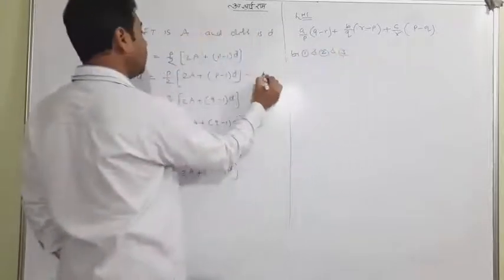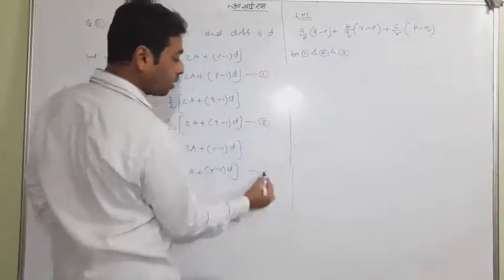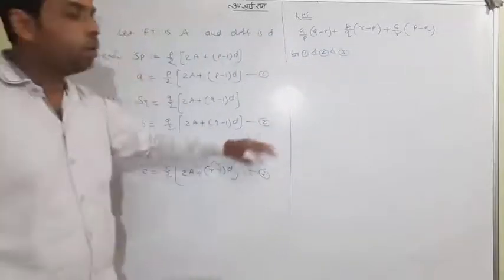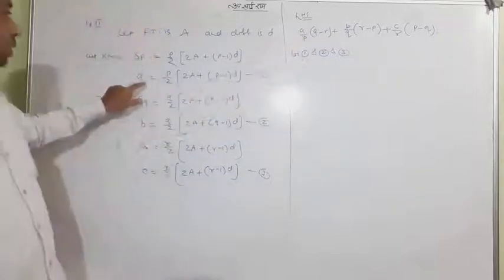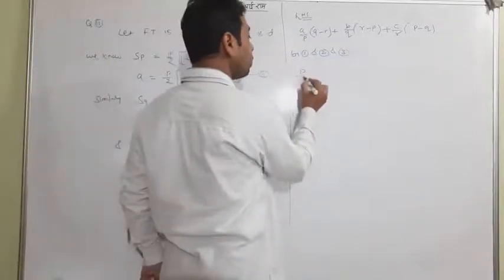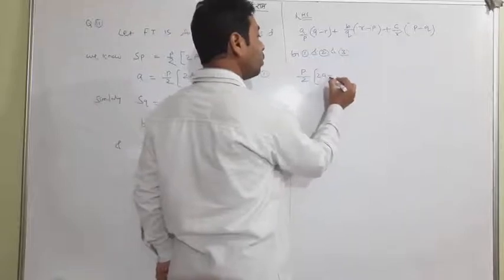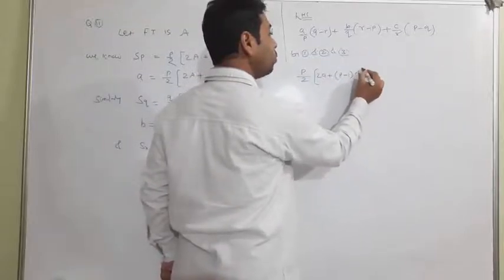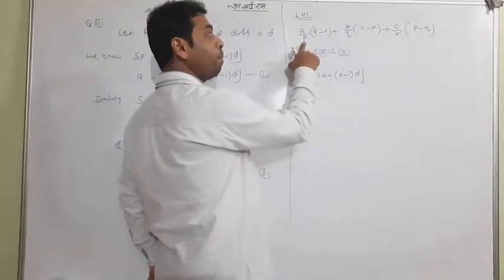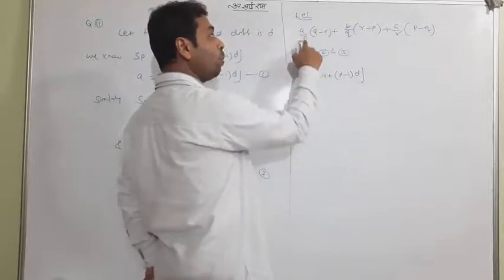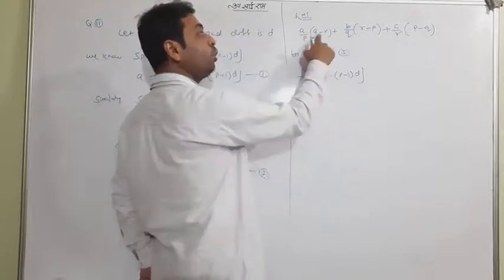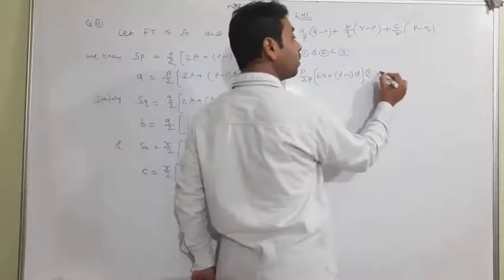Instead of a, I'll put p by 2 into 2A plus p minus 1 into D, upon p, because this is only a, and into q minus r.